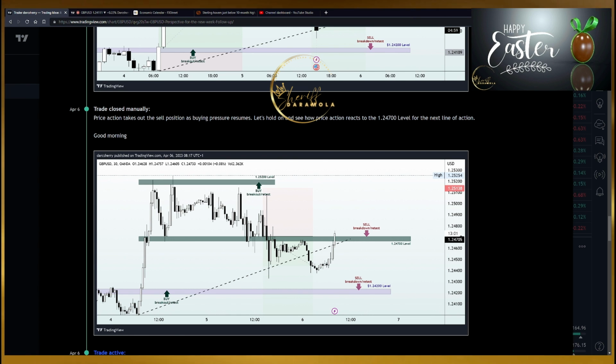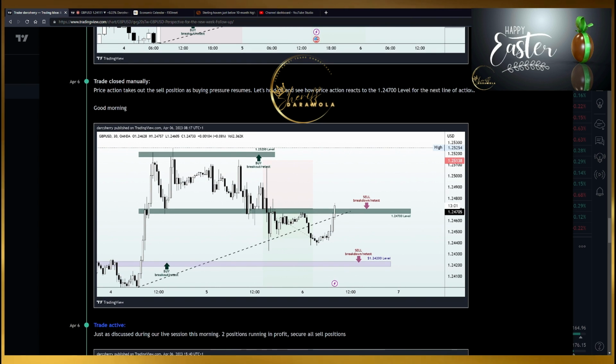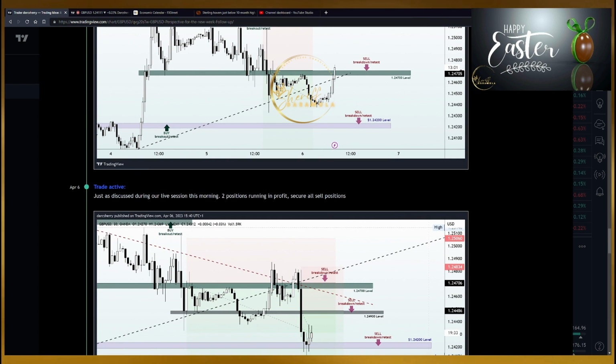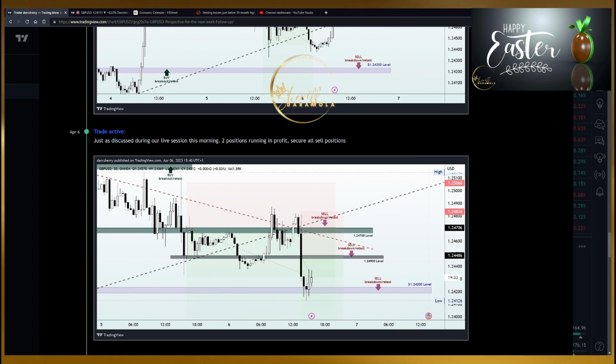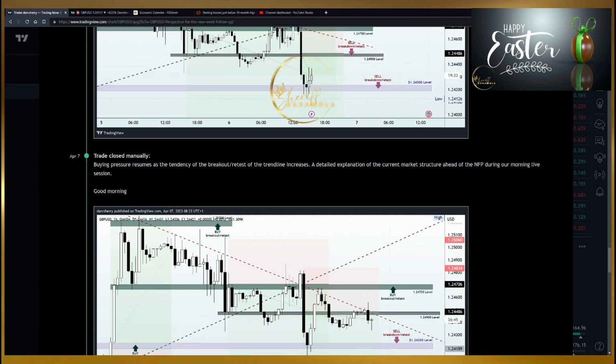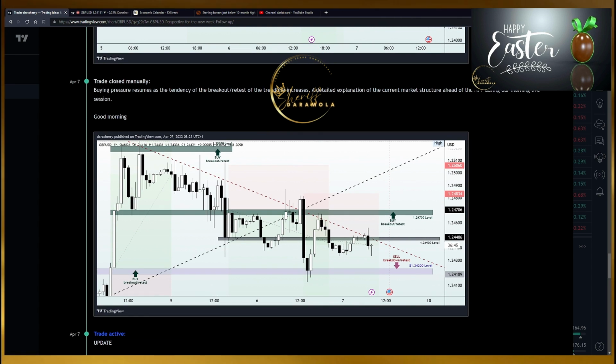We still expected price to go to the downside here, and look at what we have. We saw price action move to the downside. We had two positions running, and we began to see another wave of bullish momentum, which took us out of that position again.